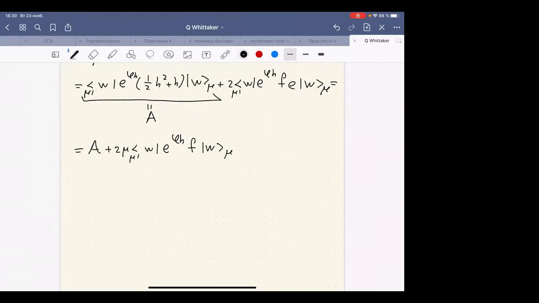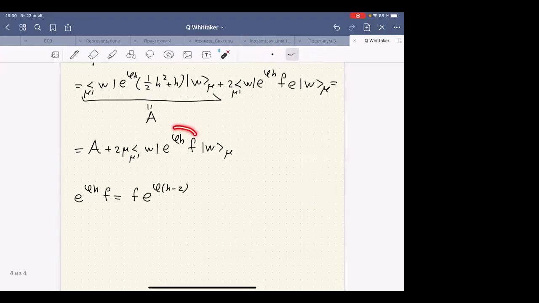The correct formula is H equals to f. I hope it is correct.